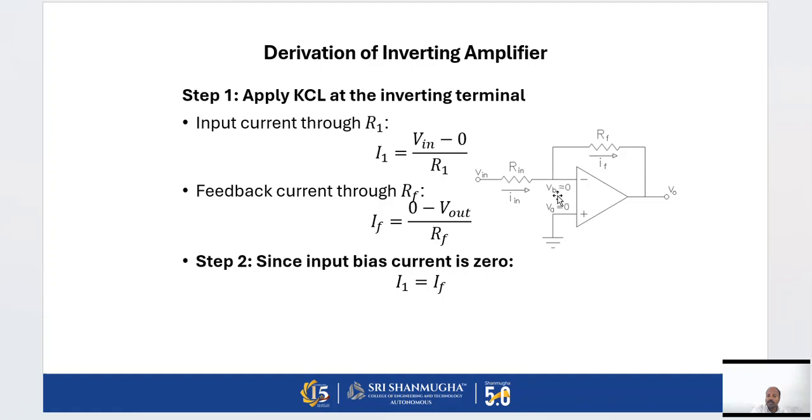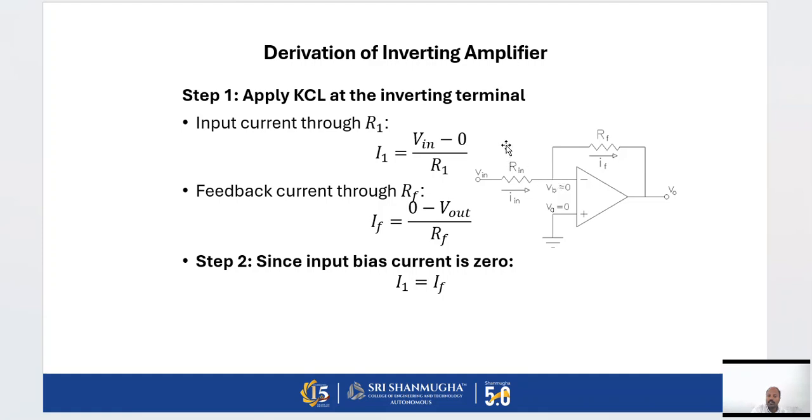VB, the voltage value, will be 0. Why it is 0: because the non-inverting terminal is connected to ground. This concept is called virtual ground. When the non-inverting terminal is connected to ground, at the inverting input we get the same voltage. So this is 0.